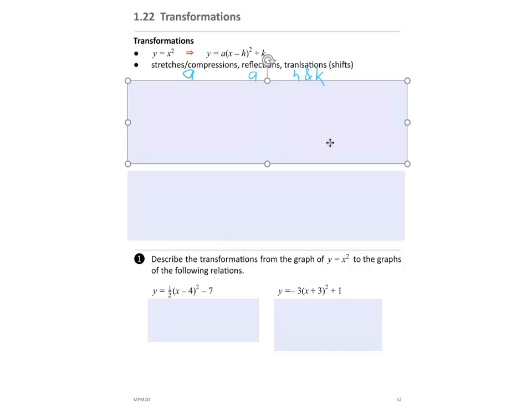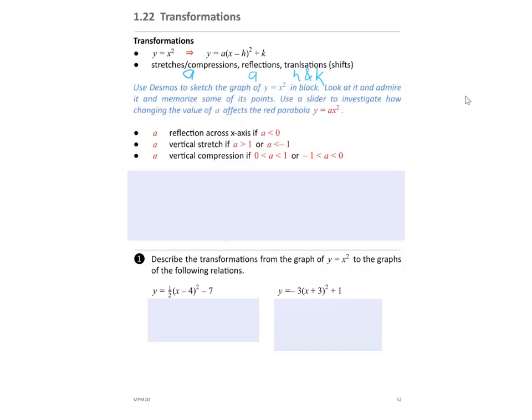And then I have a few instructions here. So I'm going to tab back and forth. Use Desmos to sketch the graph of y equals x squared in black. Look at it, admire it, and memorize some of its points. Use a slider to investigate how changing the value of a affects x squared. And we'll notice that when a is less than 0, it's reflected across the x-axis.